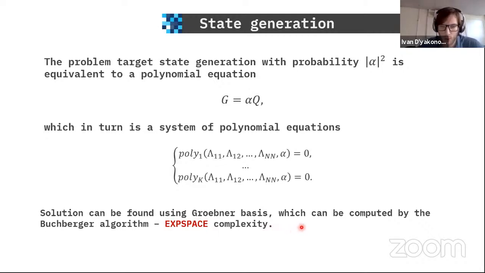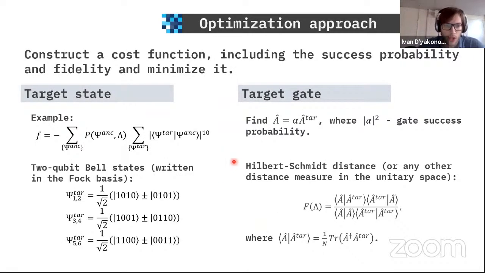And even for a very small circuit with up to 10 modes and up to 4 photons, we can find a configuration which doesn't allow us to compute this Grobner basis on the computers which we have in the lab. And if we want to scale it, it will be practically impossible because of this EXPSPACE complexity of the algorithm. So regarding this problem, most of the groups working in this direction have other approaches.